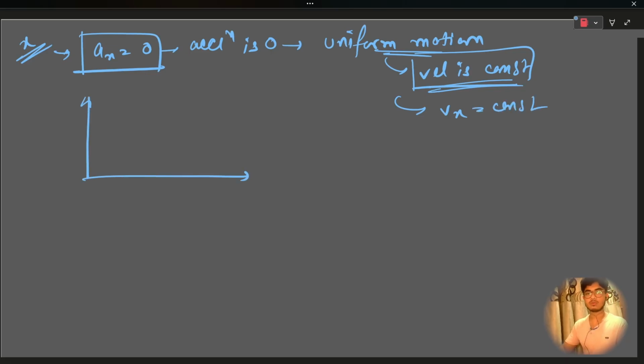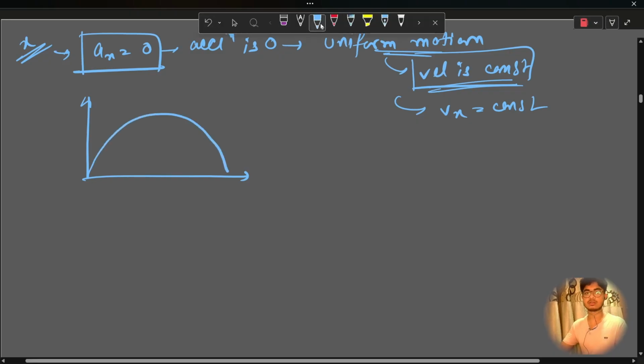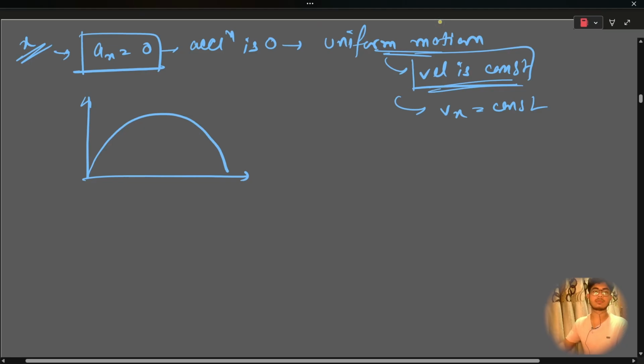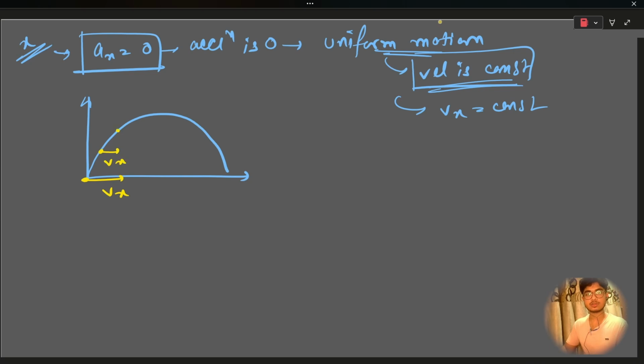Through the whole motion, at any point, suppose I take here, we start from here, this is Vx. At any point, the horizontal velocity will be the same. You can take any point, because the acceleration in the horizontal direction, that is in the x-axis, is 0.